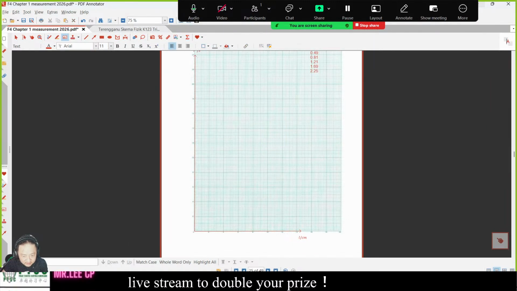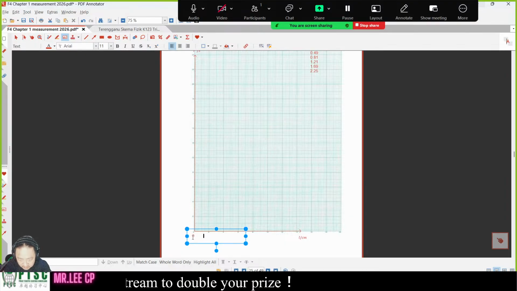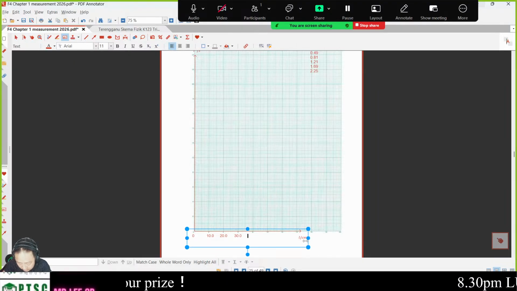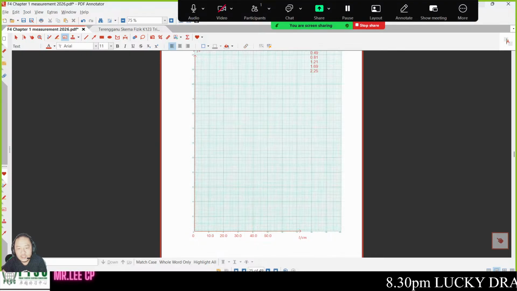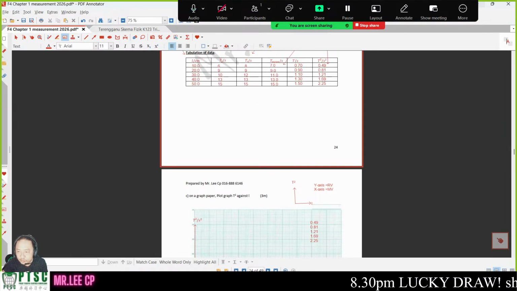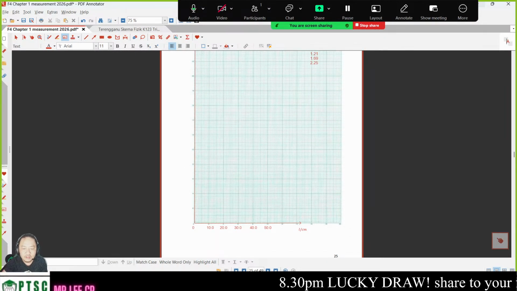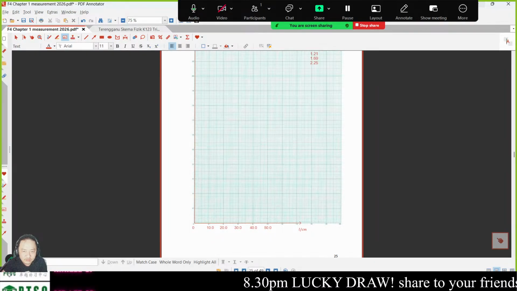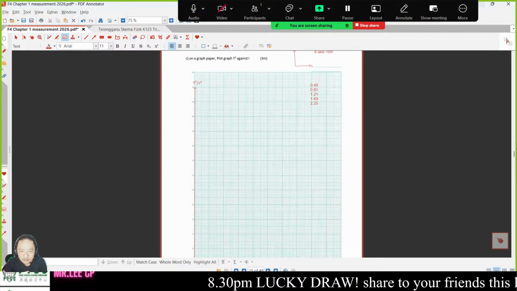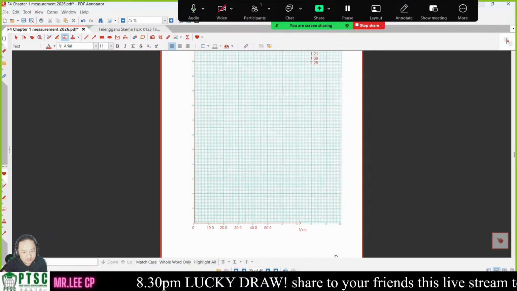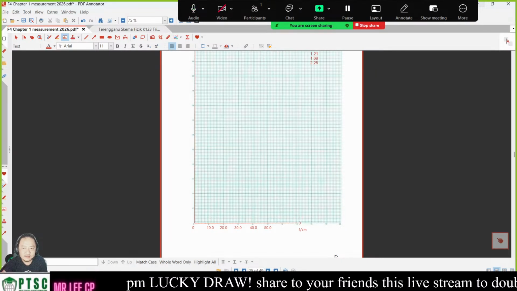Put in the 0. This one is 0. This one is 10, 20, 30, and then lastly 50. Okay, now the maximum value here is from 0.49 to 2.25. So maximum is 2.25. So 0.1, 2, 3, 4, 5, 6, 1.0, 1.2, 1.4, 1.6, 1.8, 2. Right? 2.2 enough. So this is 0.1, 0.2, 0.3, 0.4, 0.5, 0.6, 0.7, 0.8, 1.0, it is not enough.